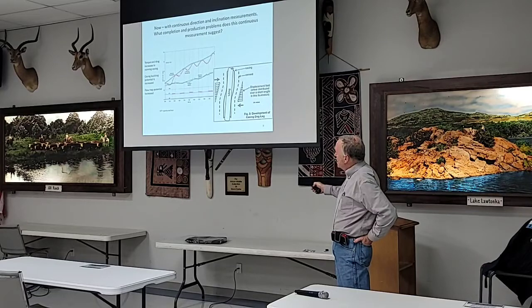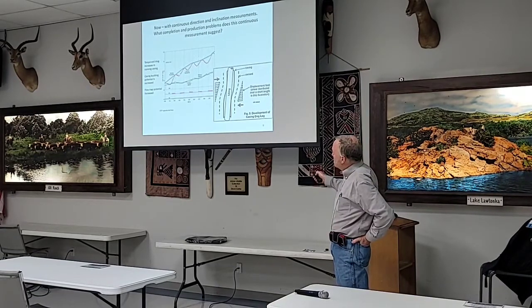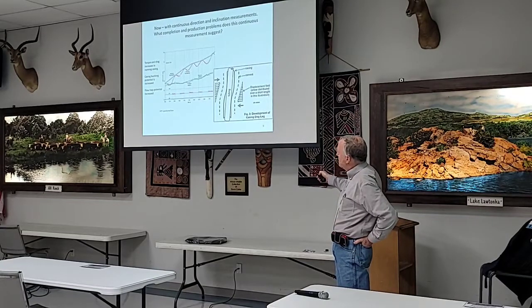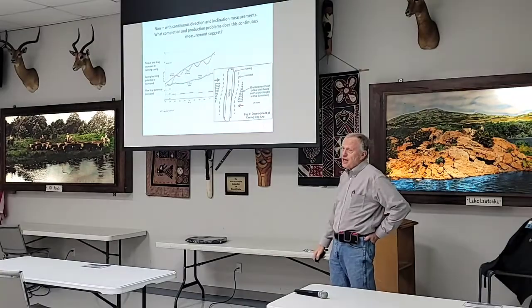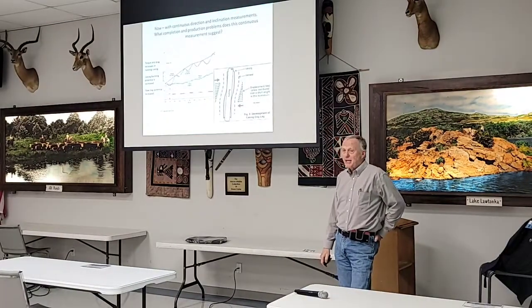It looks pretty good. Now, this was the dog leg severity reported from just measuring the inclination or azimuth change on a stand. They had a continuous measurement here, and this is what it looked like. So there were a lot of changes down the length of that wellbore that we were not expecting.